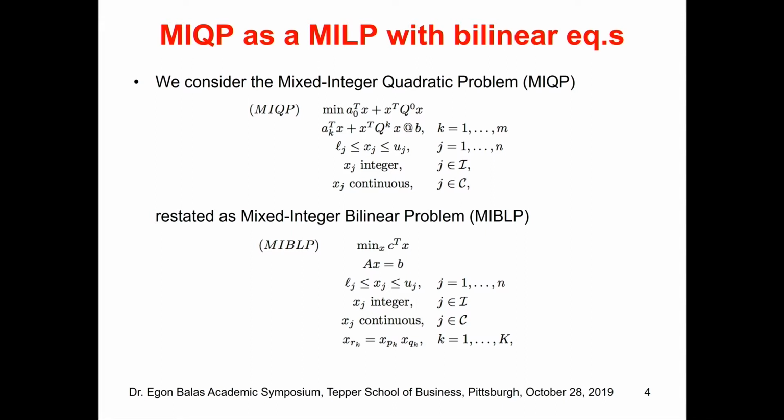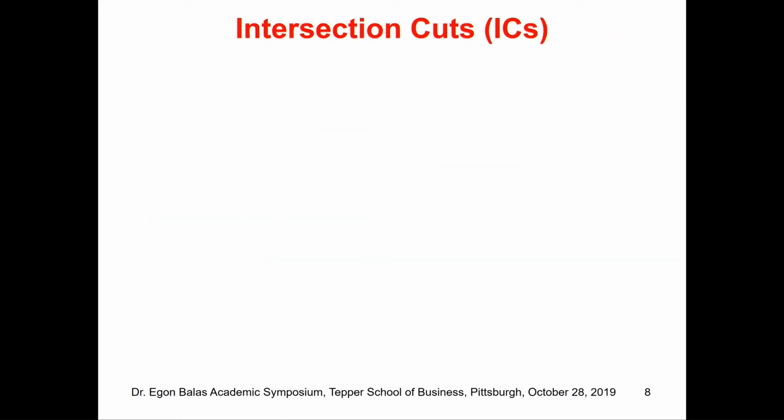So we used the trick of putting all the nonlinearity, the quadratic terms, in additional variables. So essentially, we have a mixed integer problem plus bilinear equations that are the source of the difficulty. So I will skip everything which is quite standard in our implementation, McCormick, branching, spatial branching.